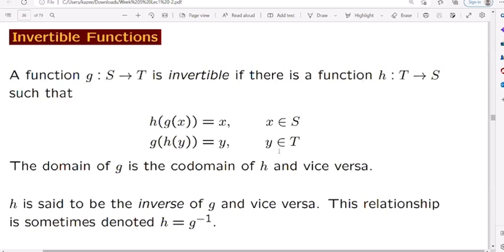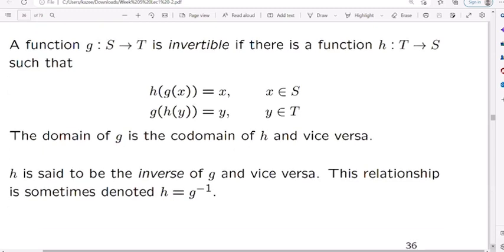So I just wanted you to take note of that. That is the inverse, and because of that, we can write that h is equal to g raised to the power minus 1. So we can also write that mathematically for that relationship.